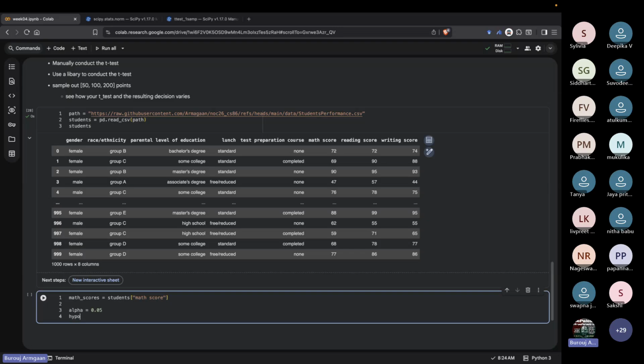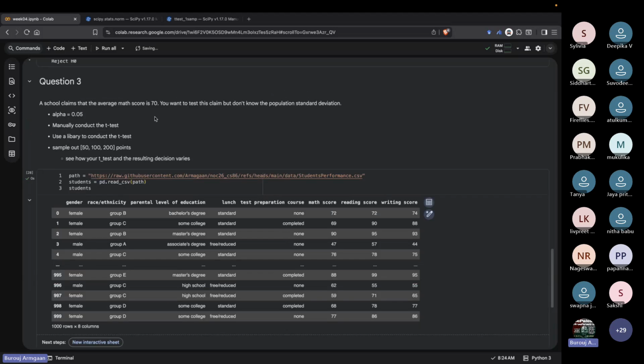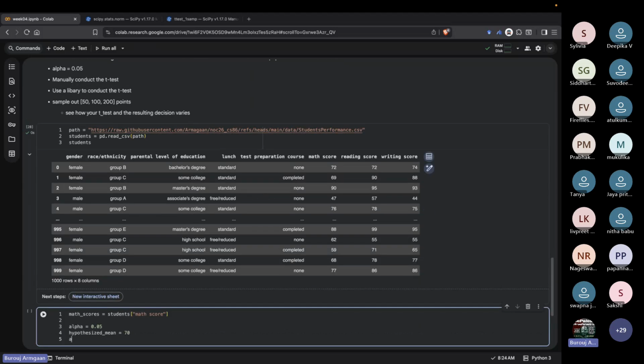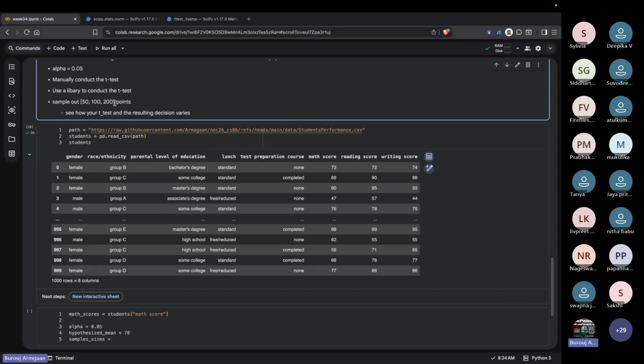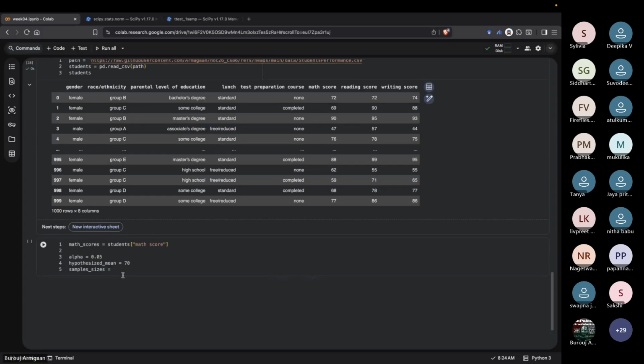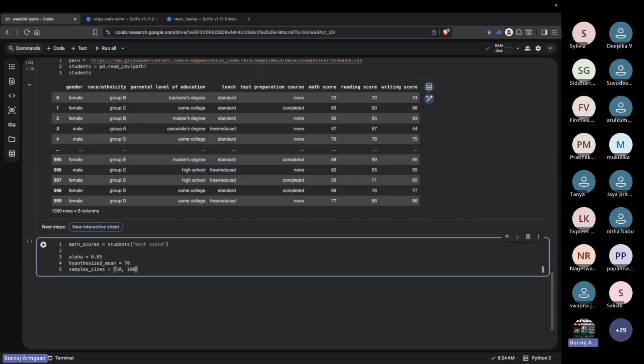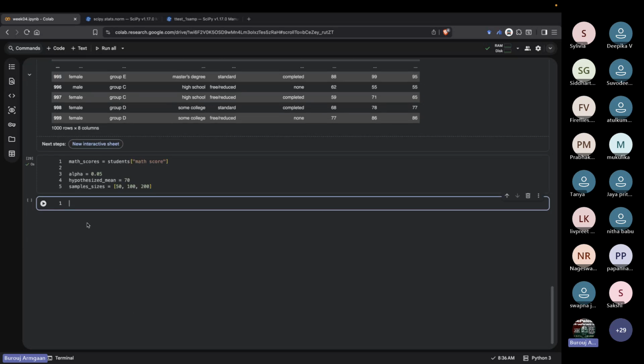We know that the hypothesized mean is 70 marks, we are told, and we would like to work with multiple sample sizes, one at a time. So we have 50, 100, and 200. This is known. So now if we have to compute this manually, how would we do that?